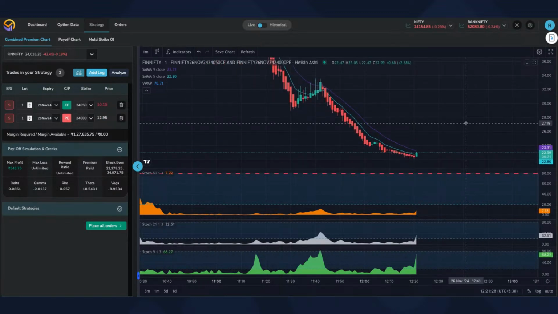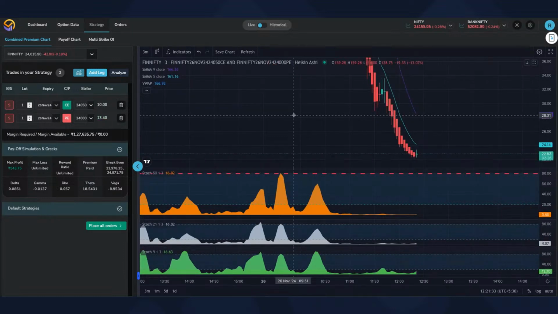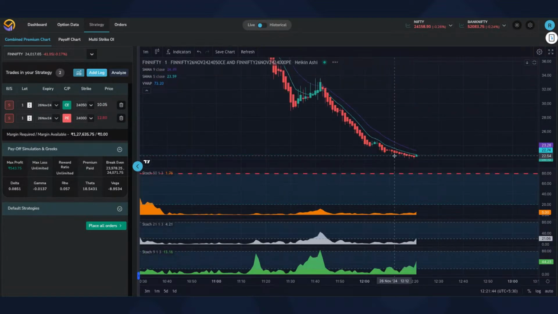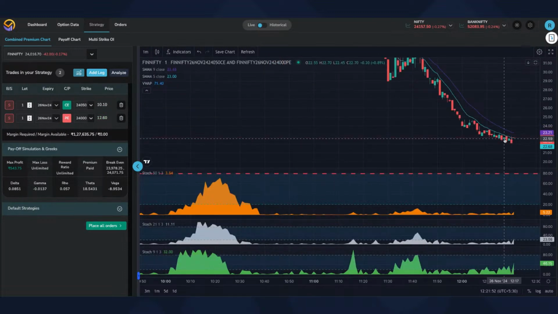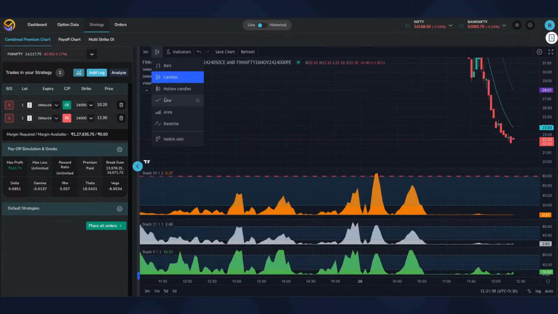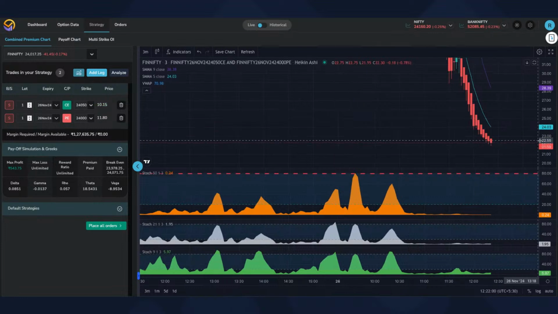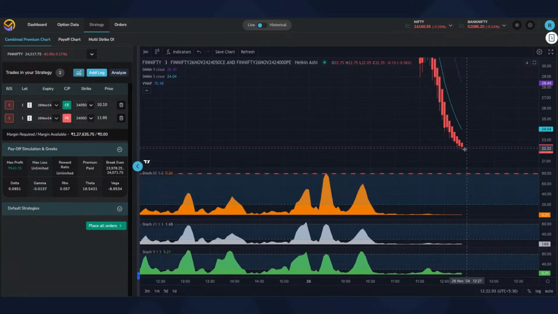This is the 1 minute. One green is coming. It's gone. This is not a good peak, so I don't think I need to be much worried. The combined premium of these two is about 22 right now.